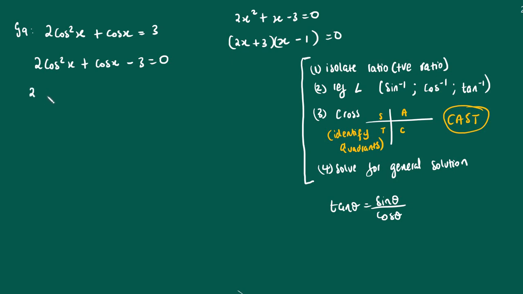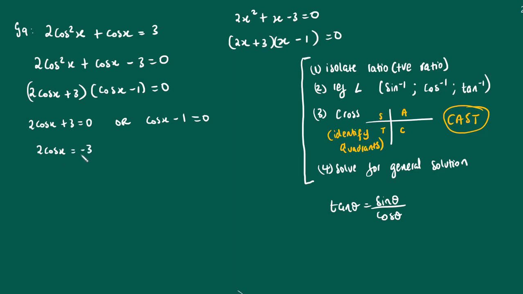So similarly, you're going to write 2 cos x plus 3 into cos x minus 1. Then you will say 2 cos x plus 3 should be 0, or cos x minus 1 should be 0. Then you can say 2 cos x is equal to negative 3, or cos x is equal to 1. You divide both sides, you will have cos x equal to negative 3 over 2, or cos x equal to 1.